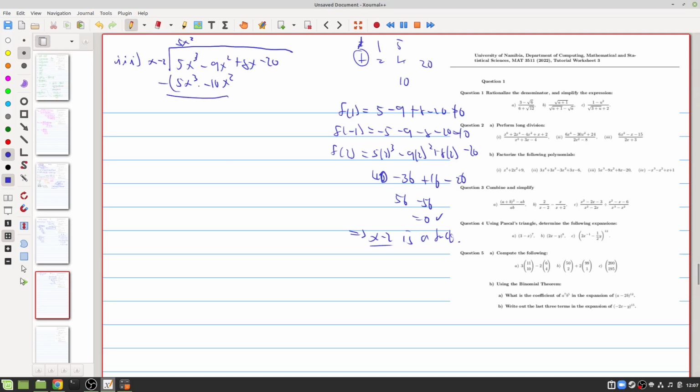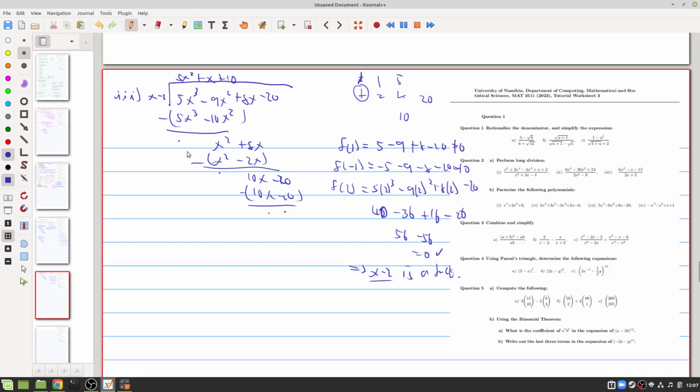Let's subtract that. So negative 9 plus 10 is positive 1x squared. Bring down the 8x. Divide again, so we get plus x. It's going to be x squared minus 2x. Then subtract that. So 8x plus 2x is 10x. Then 10x divided by x is plus 10. That gives us 10x minus 20, and that's nothing if we subtract.